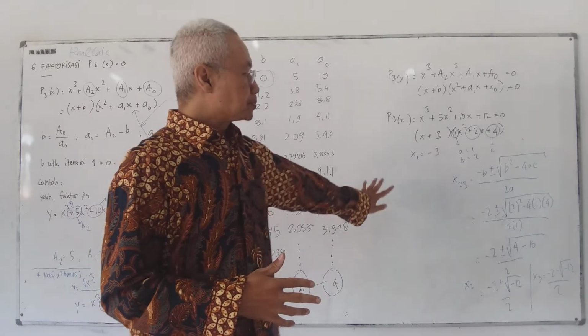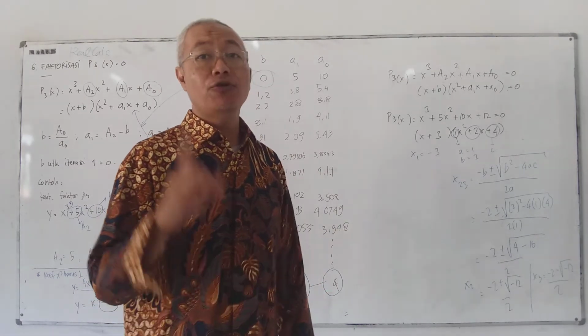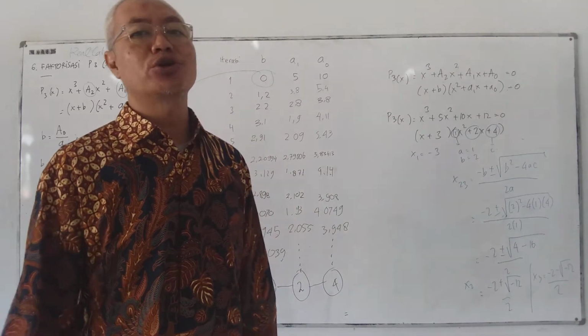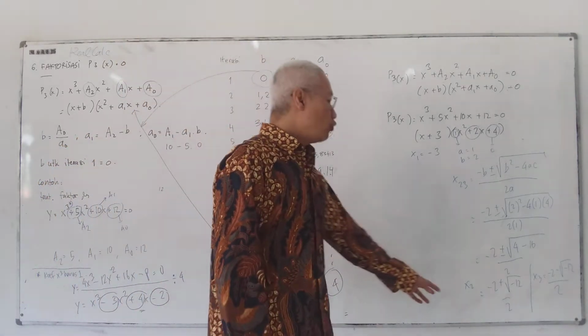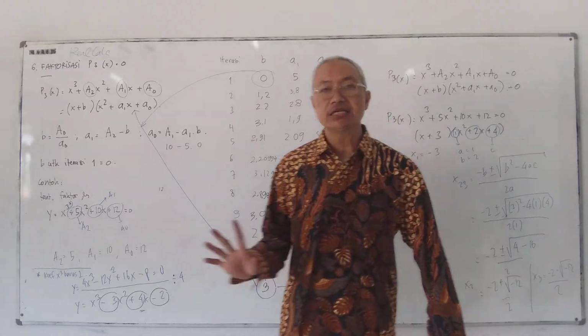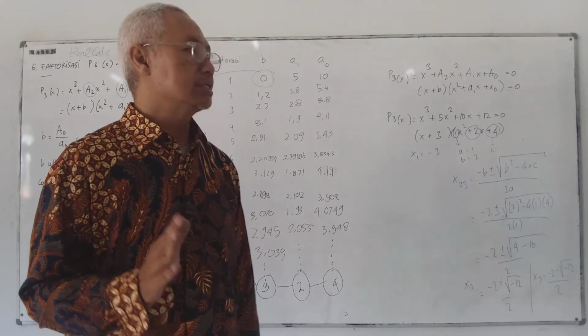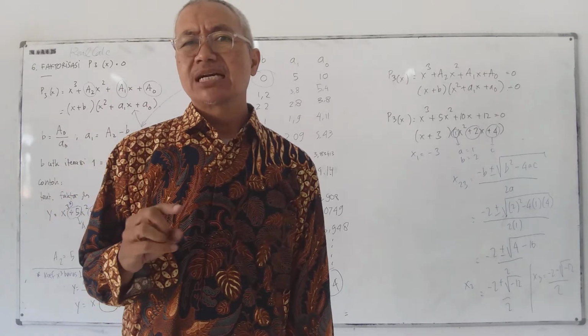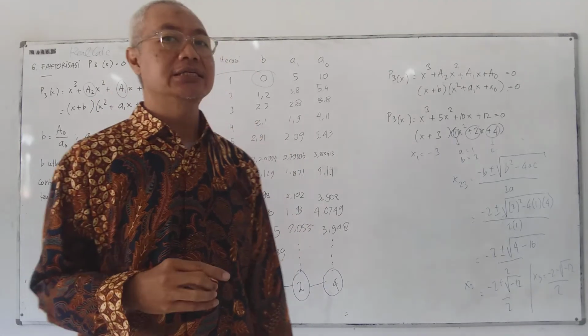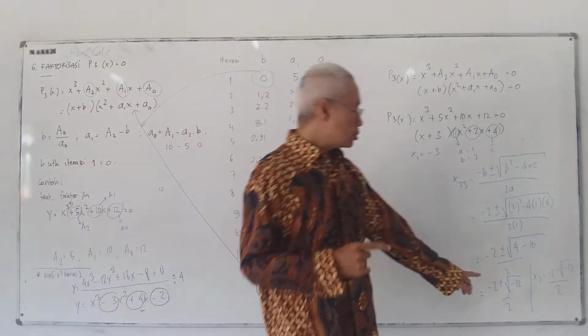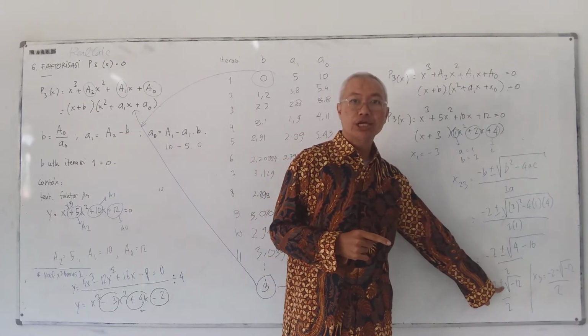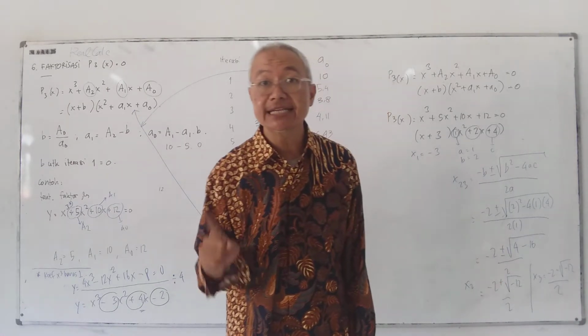From this equation, fortunately, I don't know whether it is fortunate or unfortunate, x2 and x3 are imaginary numbers. So when you find an imaginary number, what is the sign of it? We cannot calculate the square root of a negative value.